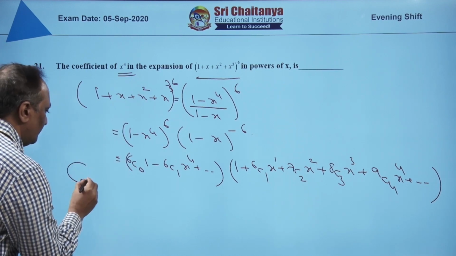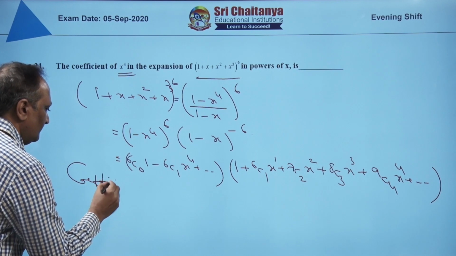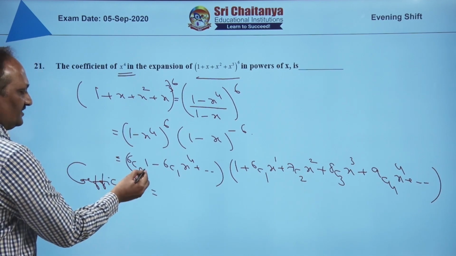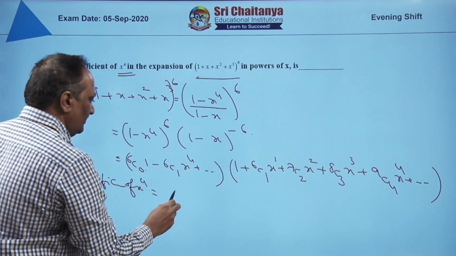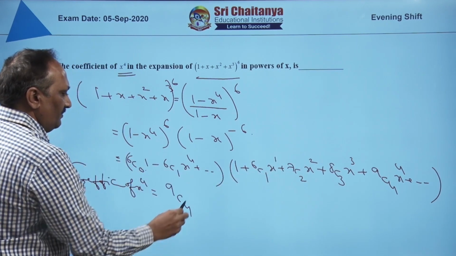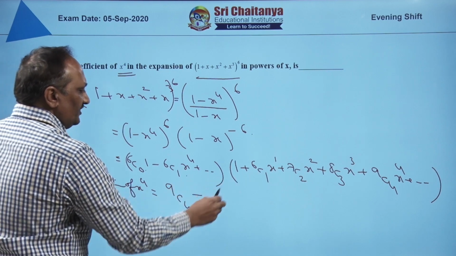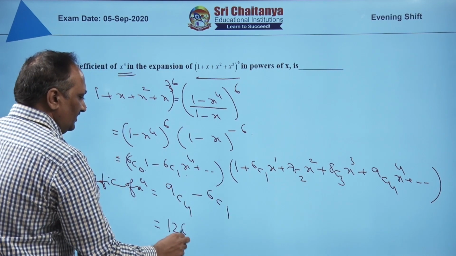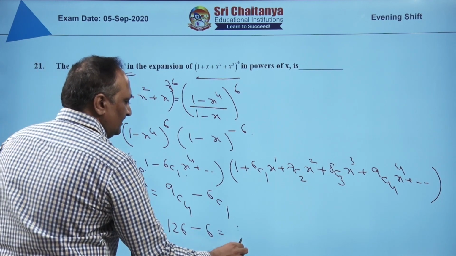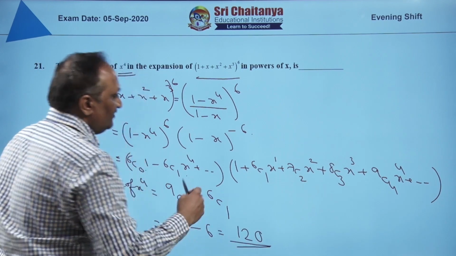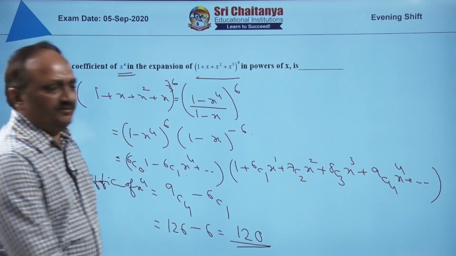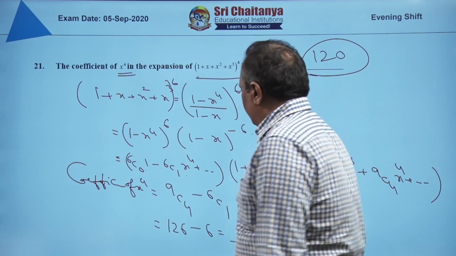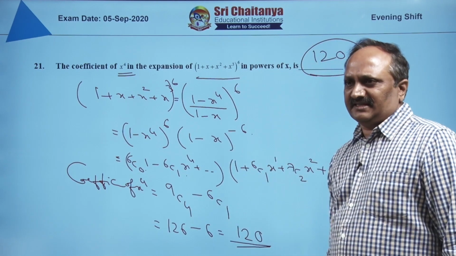That is nothing but multiplying the first term 1 with x power 4 there, 9c4, minus x power 4 with constant 6c1. This value is 126 minus 6. The answer for this is 120, and it is a numerical question. The answer for this is 120. You have to simplify 9c4 minus 6c1.